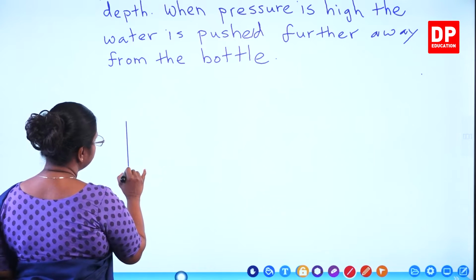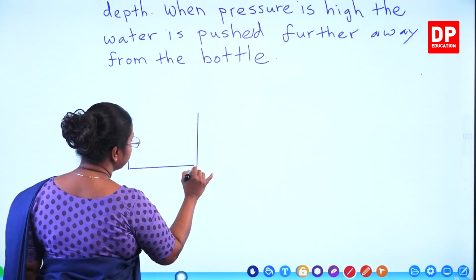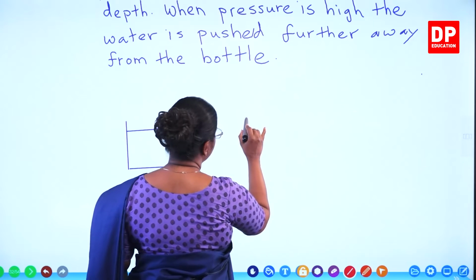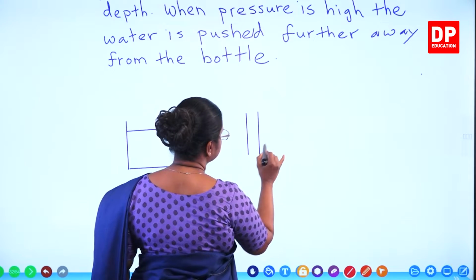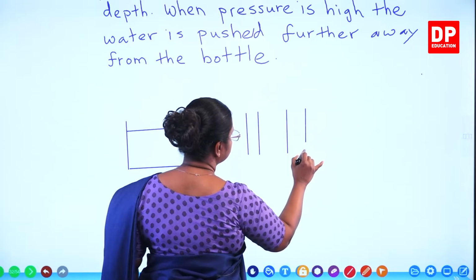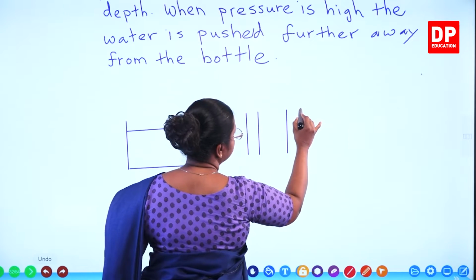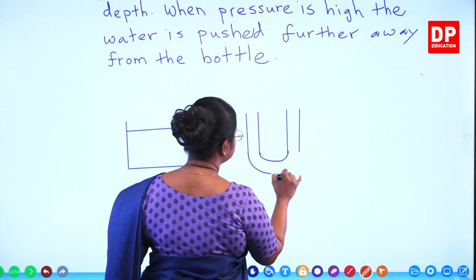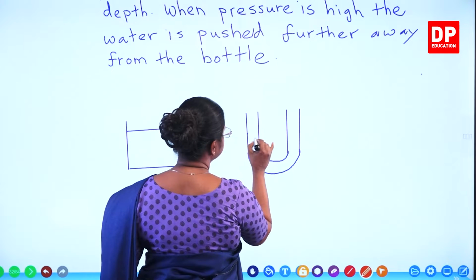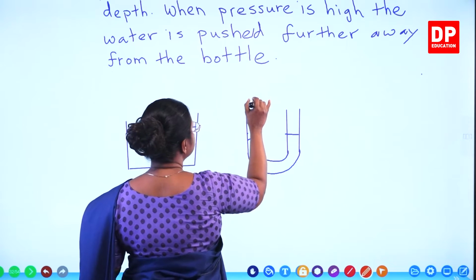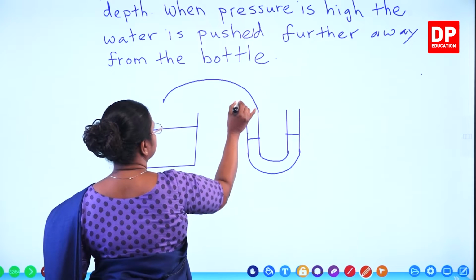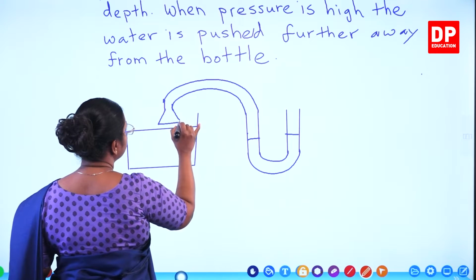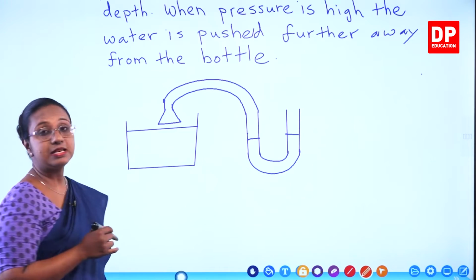Here we can have a vessel containing water and also a U-tube like that with water, and this tube is connected through a rubber tube to a funnel with a membrane attached to it.